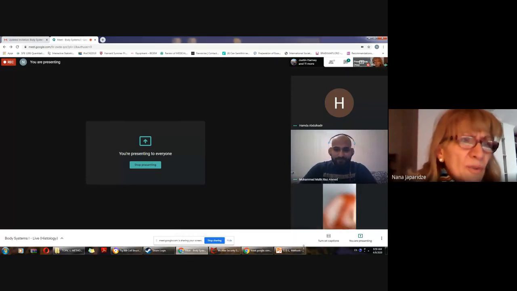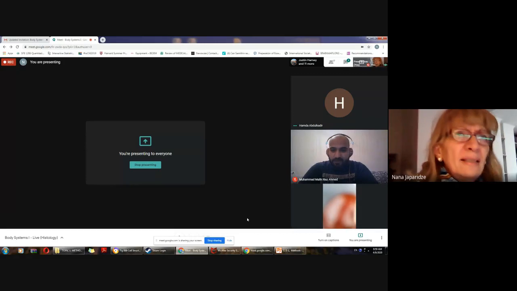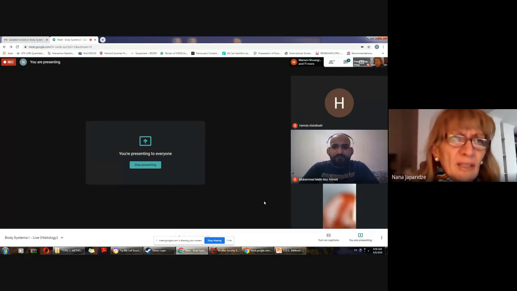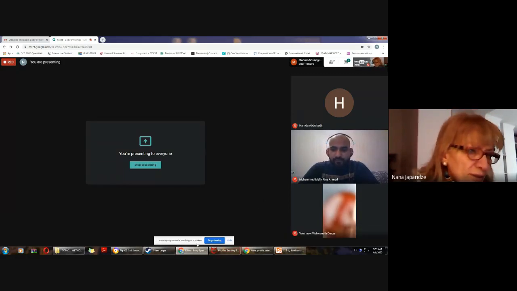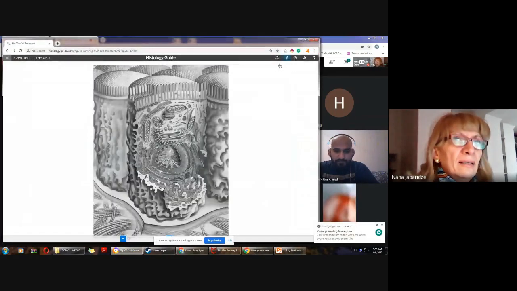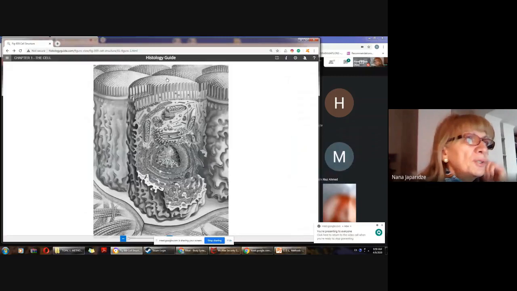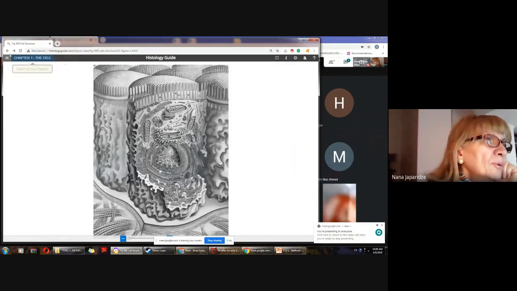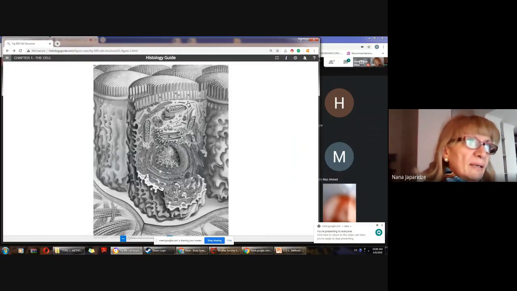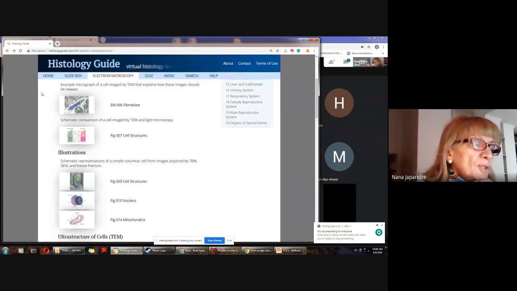Here was the question: how we can identify the nucleus in the tissue sample. What is this image? This is a schematic image of the cell. Let's go back to the tissue sample.